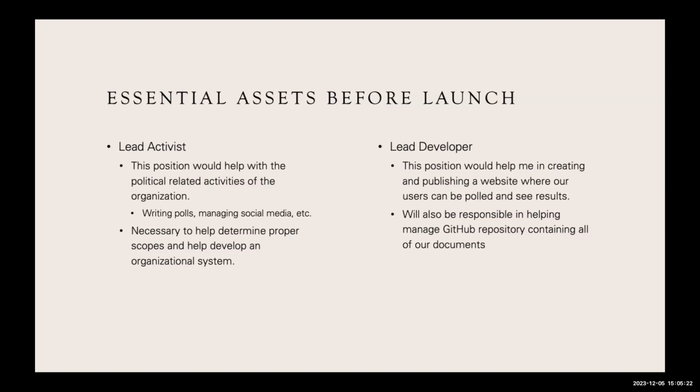They'd be in charge of writing the polls, and they would help manage the social media campaigns and spreading awareness about the group and our webpage. They're necessary for starting this, to help determine the scope and scale, and how we can organize, not only at the start for the initial launch, but also going forward, the framework for growing to a national scale.